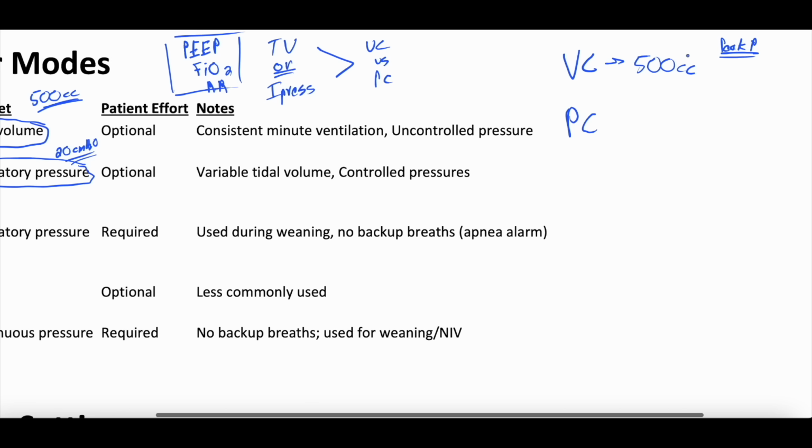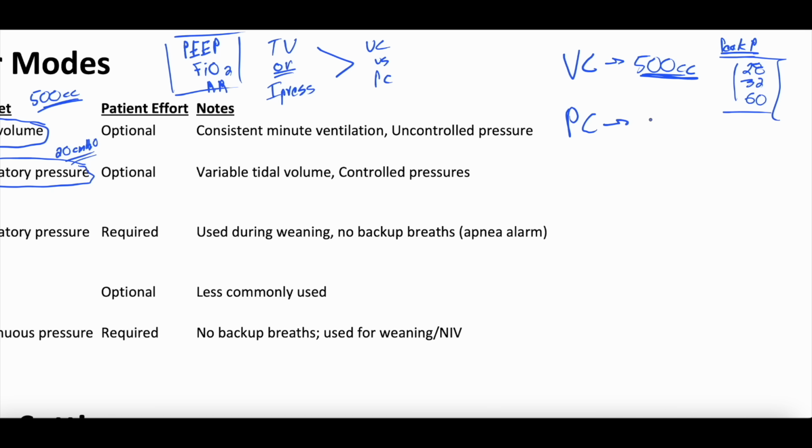And every time that ventilator pumps in that 500 cc's that you set for the tidal volume, there will be a peak pressure that pops up. That might say 28, it might say 32, it might be really high like 60, and we'll talk more about that in a second. But that variable is not controlled. You are controlling the amount of volume they are getting with each breath, whereas the pressure is just secondary to the amount of volume you're giving them and the patient's pathophysiology.